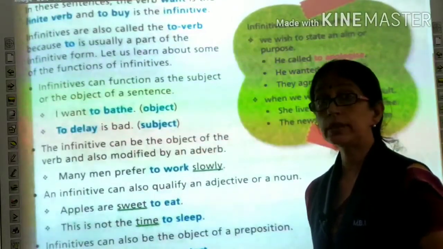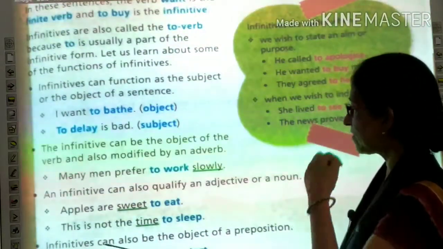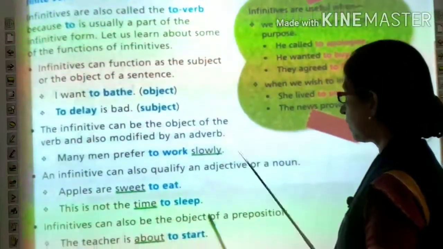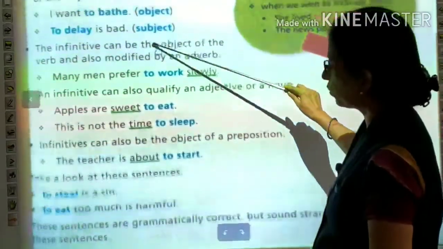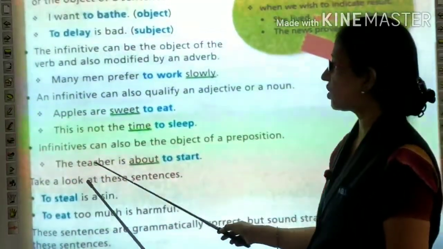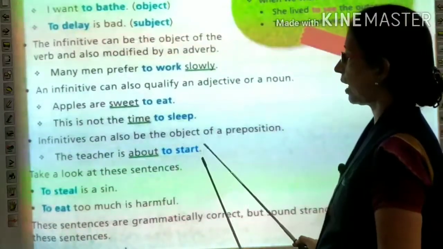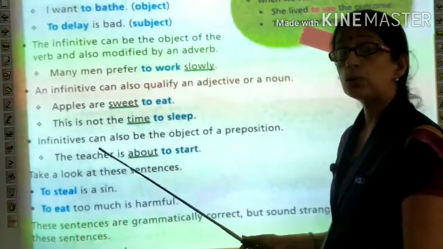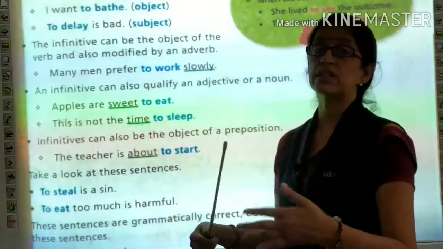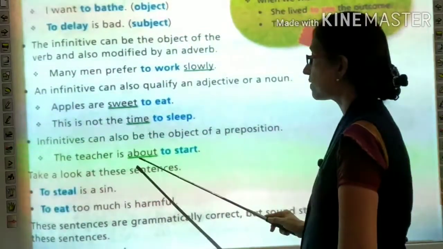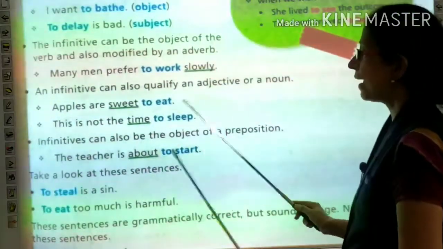What is the time? This is not the time to sleep. Infinitives can also be the object of a preposition. Now how is it the object of the preposition? See, the teacher is about to start. Teacher is about to start means the lesson, the chapter, the teacher is about to start. Here about is a preposition and to start is the infinitive.